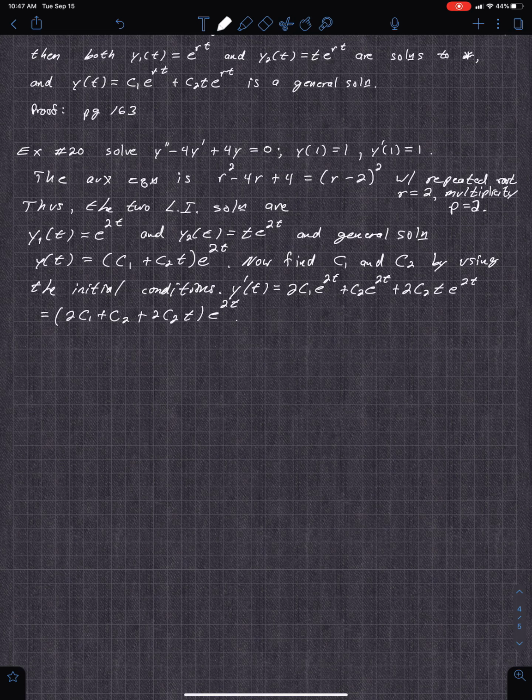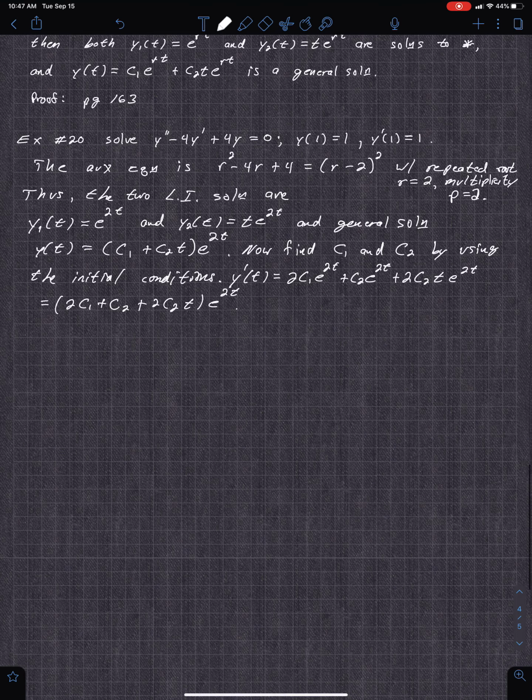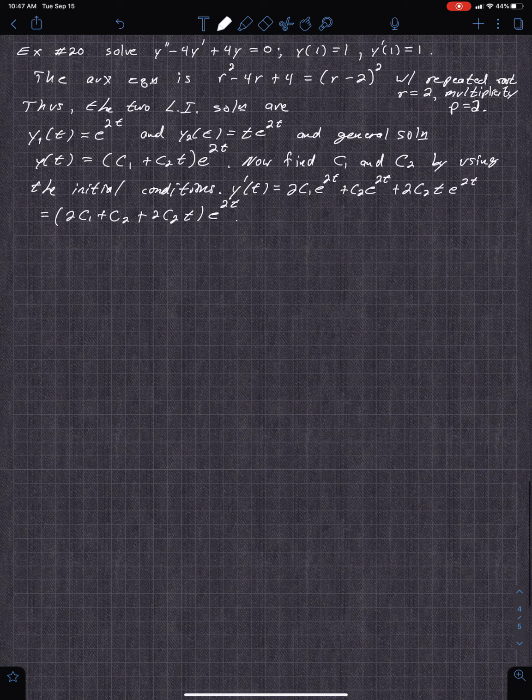You'll have to solve a system of equations, basically. So let's see if I can fit it here. Let's just go down here. So y of 1 is C1 plus C2, times 1, e squared, and that's equal to 1.